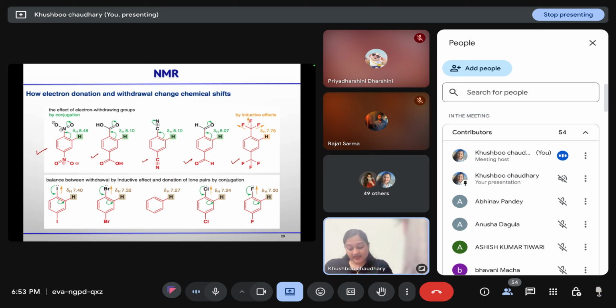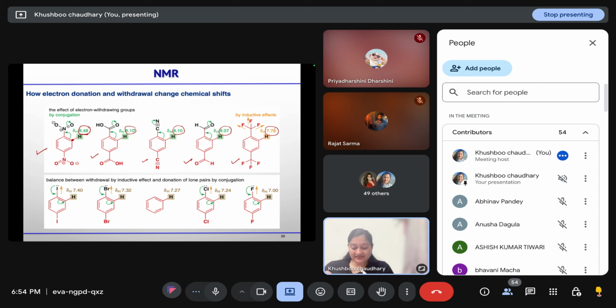By seeing these delta values, you will come to know that in the case of the nitro compound, the ortho proton is coming at a delta value of 8.48. In case of benzoic acid, it is 8.1. For nitrile, 8.1. Aldehyde, 8.07. And in the case of CF3, 7.78.